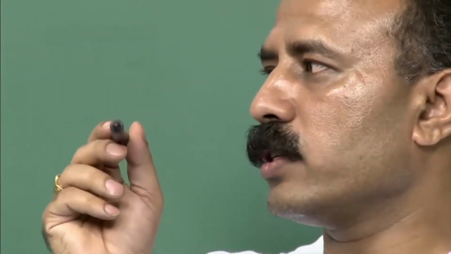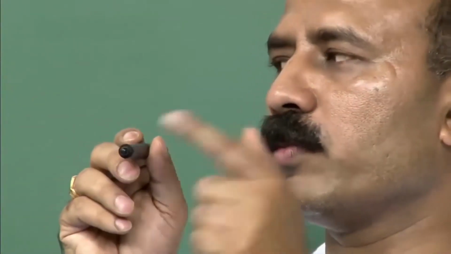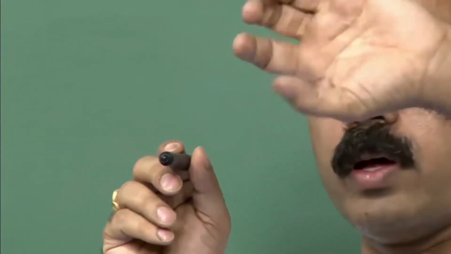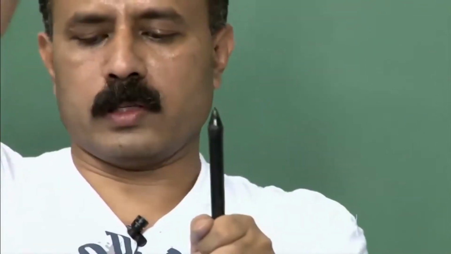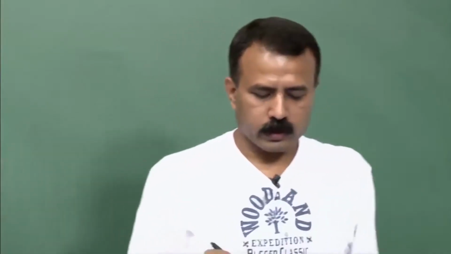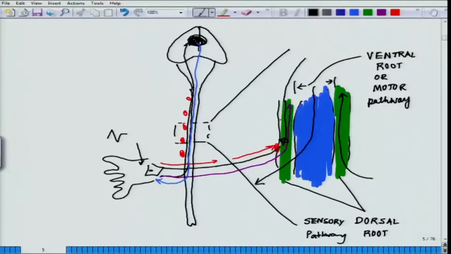You could see that there is a bulge which is coming out from this pen. So, that is the dorsal pathway. Imagine if this is the dorsal pathway, then this is the ventral pathway which is going in the center. That is how I have drawn it. So, if you have to see the cross section of this whole thing, it will look like this.